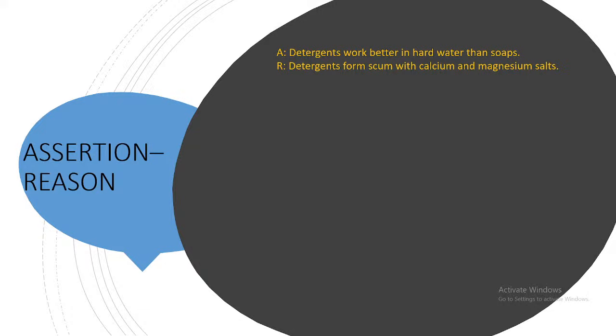Okay, coming back again to detergents and soap, and saponification. You see here, detergents work better in hard water than soap. That is the assertion. Reason: detergents form scum with calcium and magnesium salt. This is one part of the question regarding hard water and soft water. Will it be A, B, C, or D?